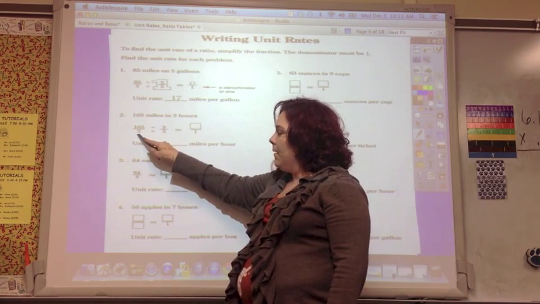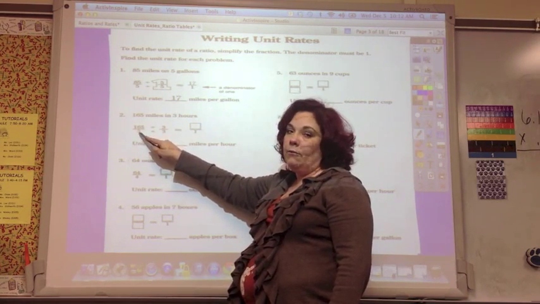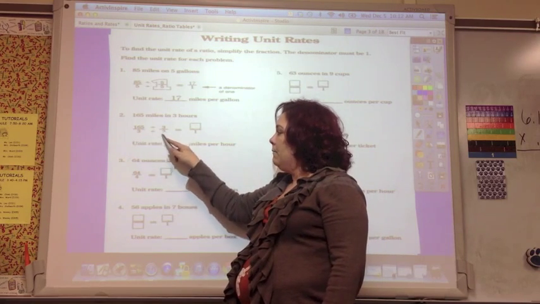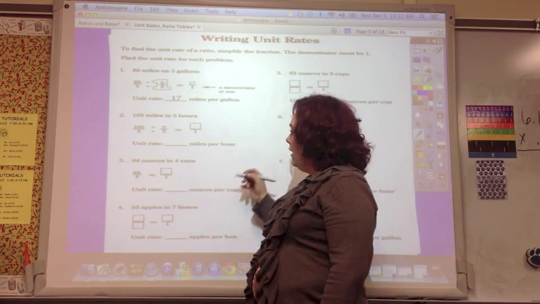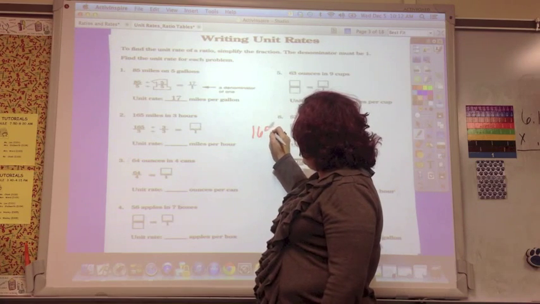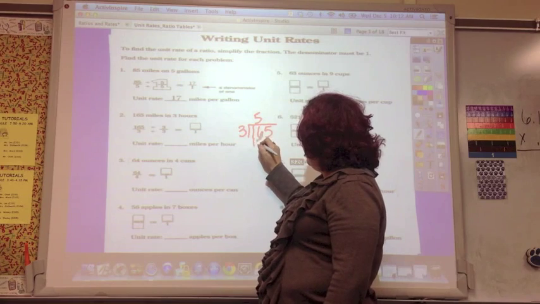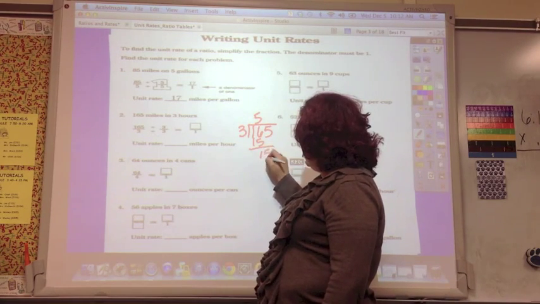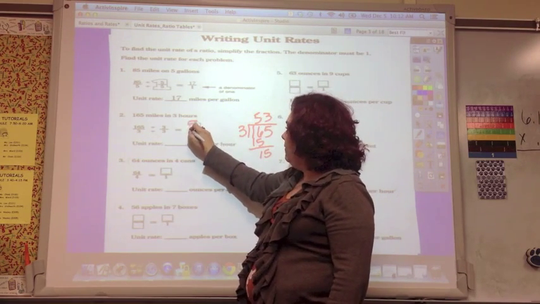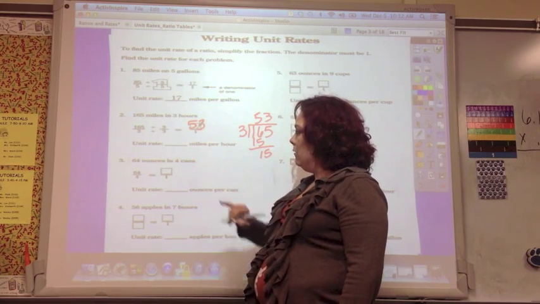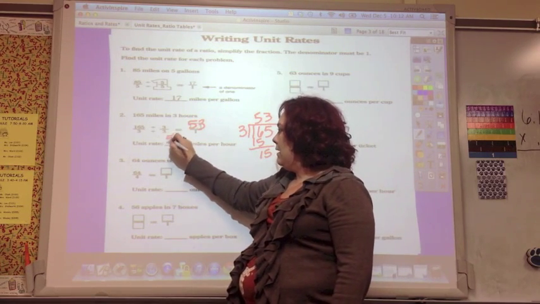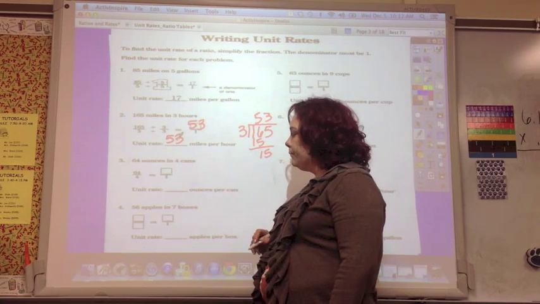So 3 is on the bottom, so you divide by whatever number is in this denominator, divide by 3, and I don't know 165 divided by 3. So it would be 55 miles in 1 hour.